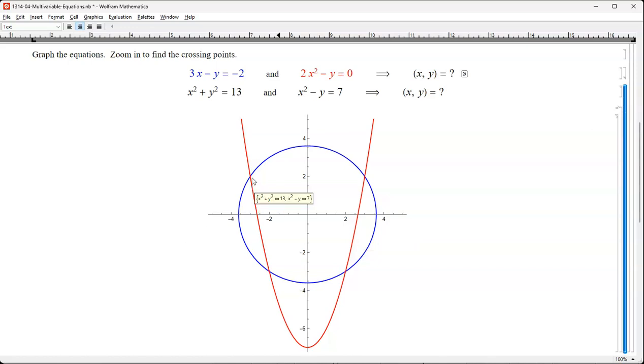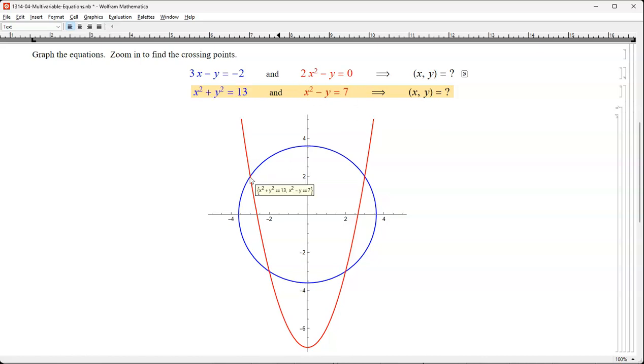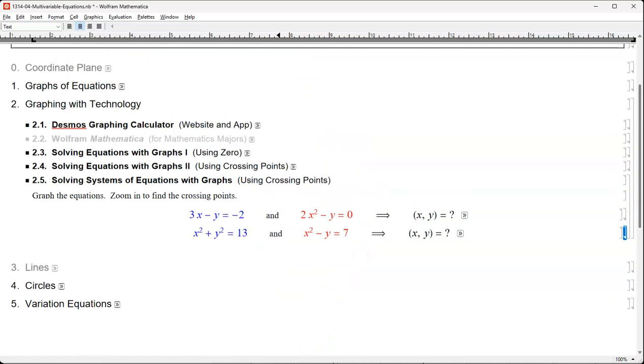In this case, oh, this picture is familiar to me. Have we done this before in lesson 3? Maybe we have. Anyway, this is blue, and this is red, and there are 4 crossing points. And then you can find those out using the Desmos Graphing Calculator app.